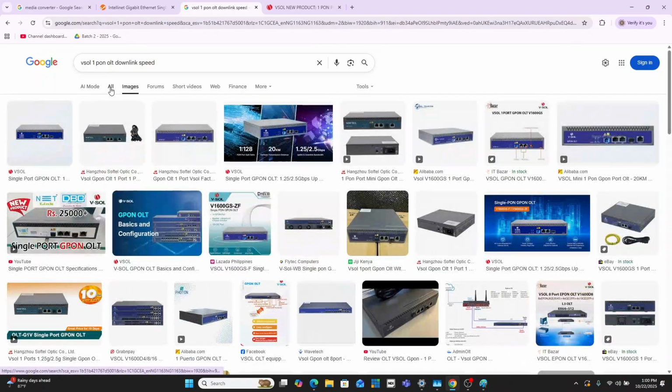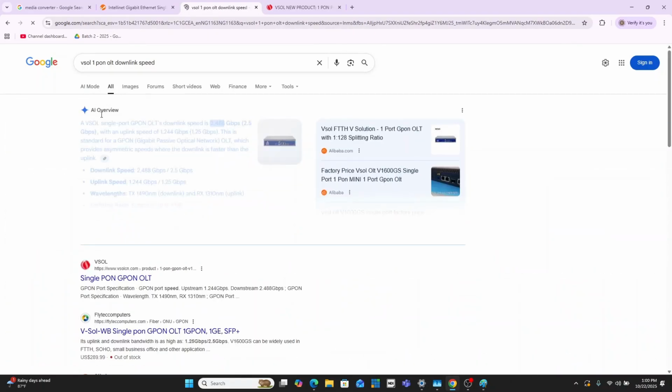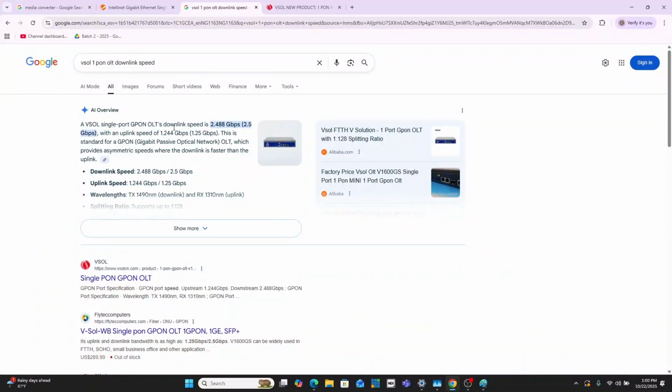So you can see there, a single port GPON OLT downlink speed is rated at what? 2.488. That's approximately, or equal to, 2.5 gigabits per what? Second.